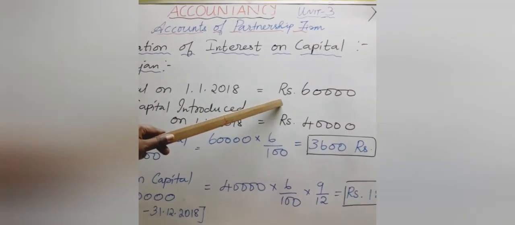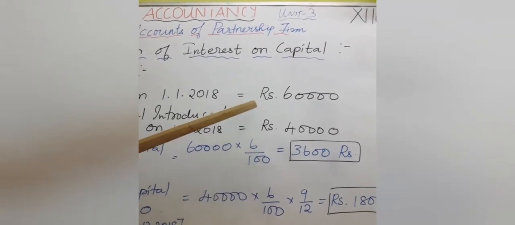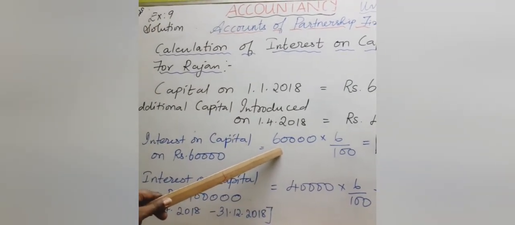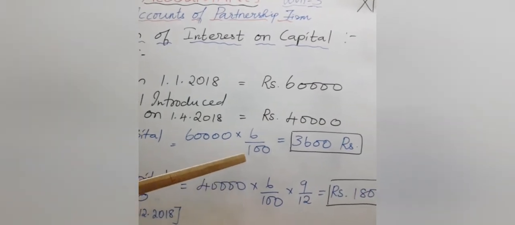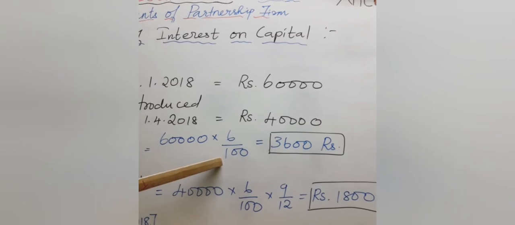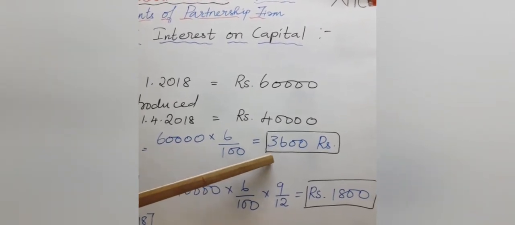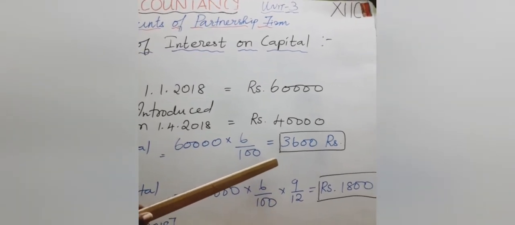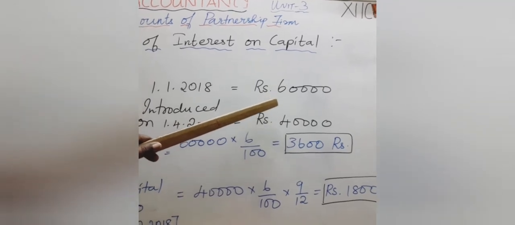So I have taken 12 months as the period for 60,000. So 60,000 into 6 by 100 you put. I have applied the rate percentage 6 by 100. You got me, students? So when you calculate, you get 3,600. 3,600 for how many months? 12 months period. So the 60,000 is available with us for 12 months.